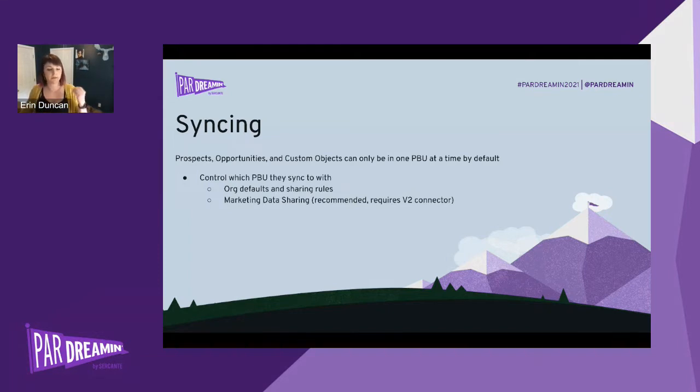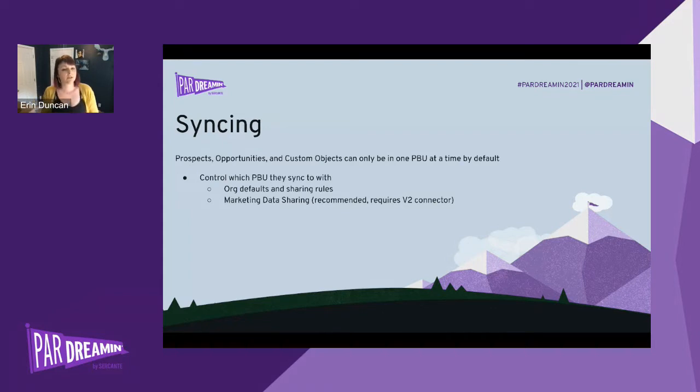So this is set up on the Salesforce side, and it essentially says if this user, that's your connector user, can see these records, then they can sync to Pardot. That's a good solution when you have one business unit and you only have like one connector user. But when you have multiple business units or multiple connector users, it gets very messy very quickly.